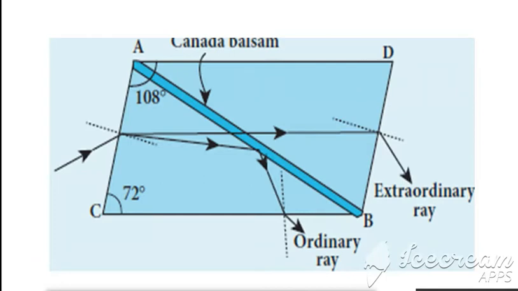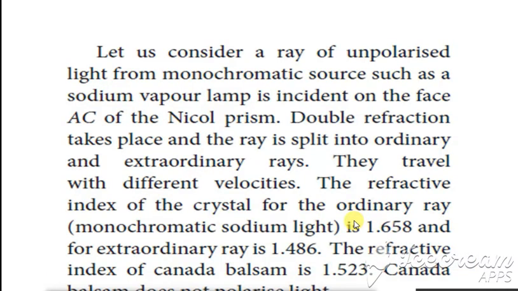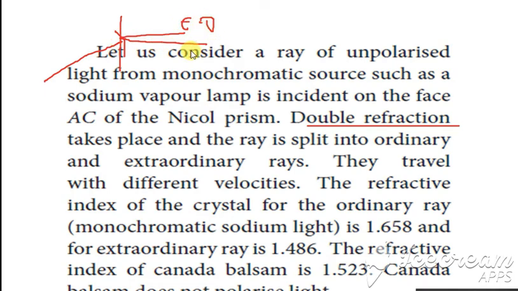So when we see here, let us consider a ray of plane polarized light from the monochromatic source, which is falling on this, and double refraction takes place. At this point, double refraction takes place. One is the extraordinary ray and the other is the ordinary ray.